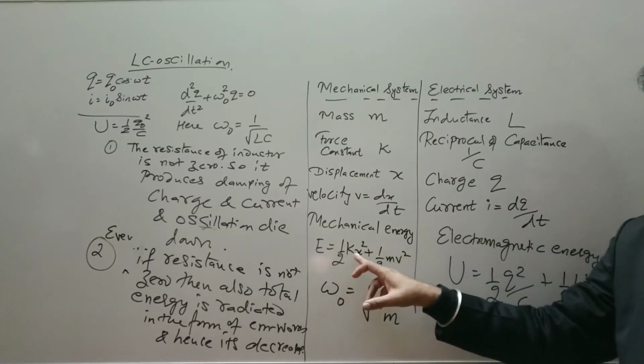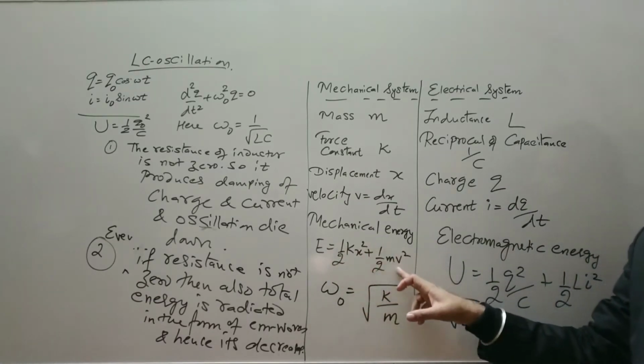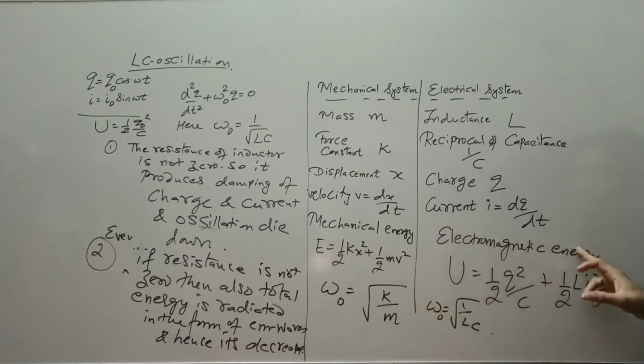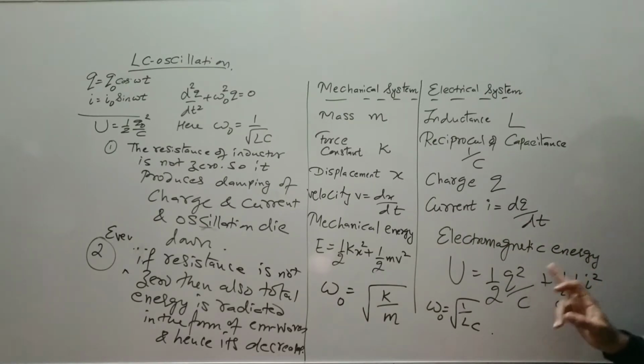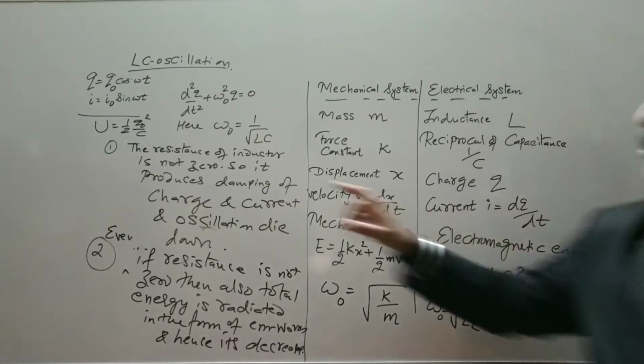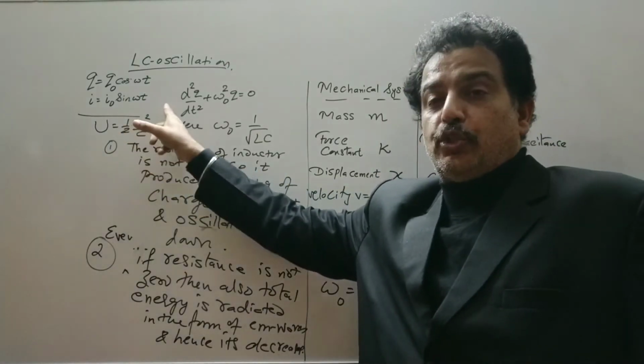Mechanical energy was the sum of the potential energy plus the kinetic energy. Here electromagnetic energy is the energy stored in the capacitor at any instant plus the energy stored in the inductor at any instant. The sum of this is always equal to half Q naught square by C.